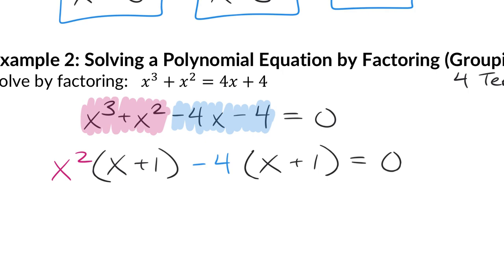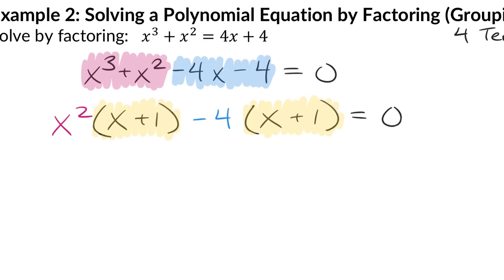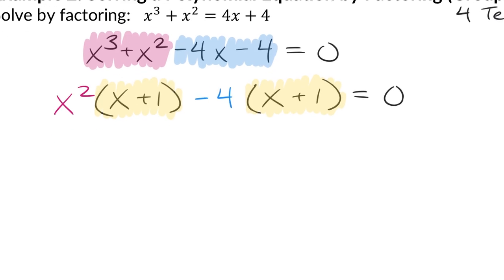Do you notice now that there is a new binomial GCF in both of these terms? They both have the binomial x plus 1 attached to them. Well, that means that's the new GCF for those 2 terms, the x squared term and the minus 4 term. So we can take the GCF out, and I'm left with x squared minus 4.